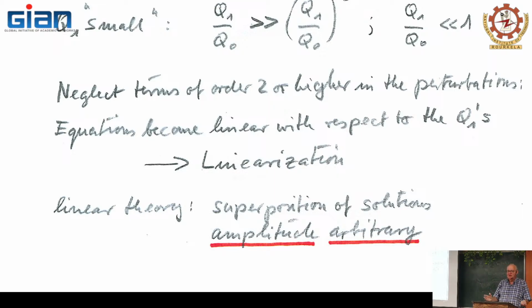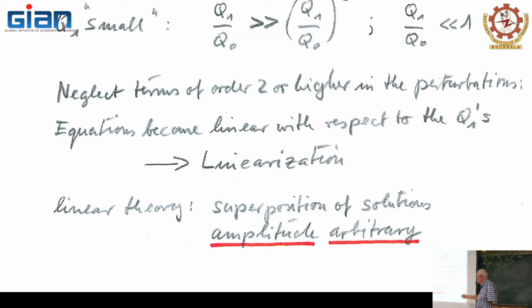That means the solutions of linear equations are always determined only up to a constant factor. With respect to the physics, once we have a linear theory for the perturbations, we can superpose any of these solutions and it will give us a solution again. Is that clear to everybody?